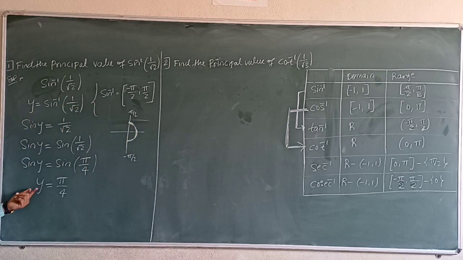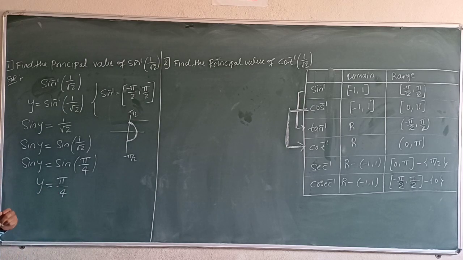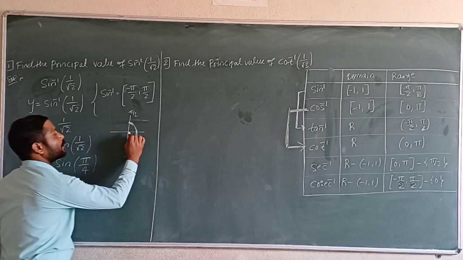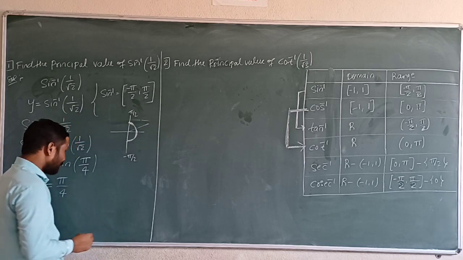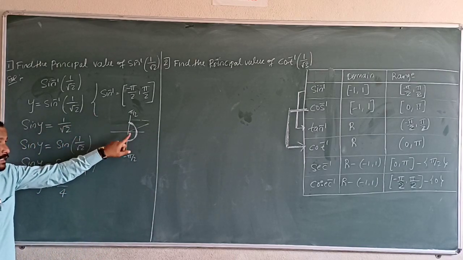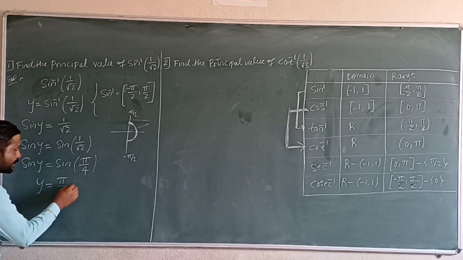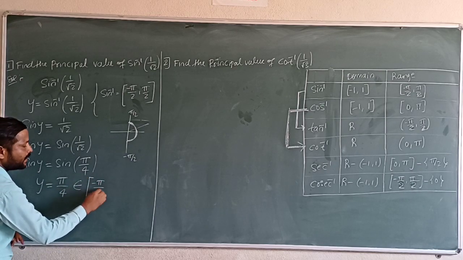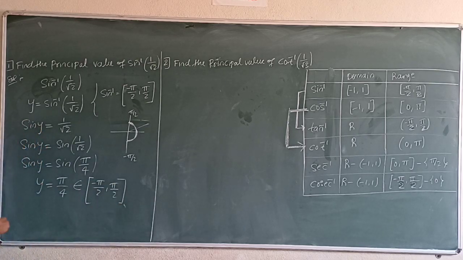Now y equals pi by 4 means 45 degrees. Which quadrant does 45 degrees lie in? First quadrant. Now, is the answer inside the range or outside the range? Inside the range. So y equals pi by 4 belongs to the closed interval minus pi by 2 to plus pi by 2.